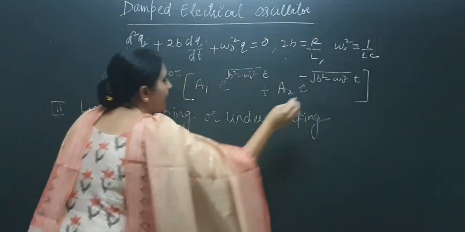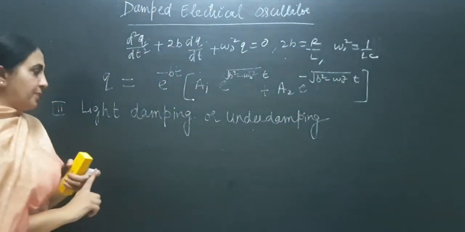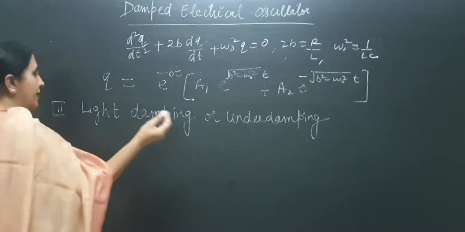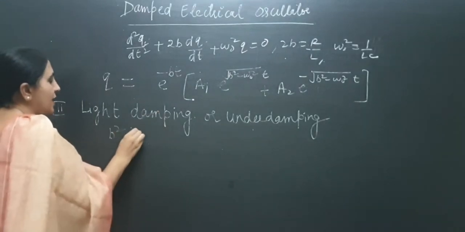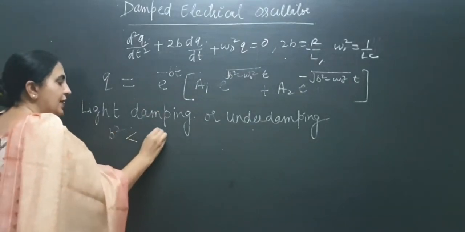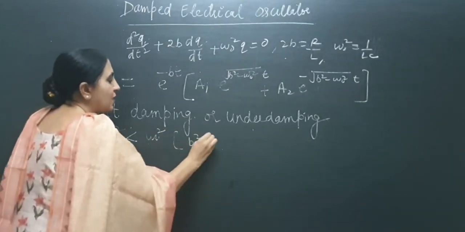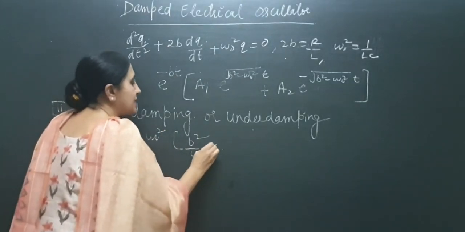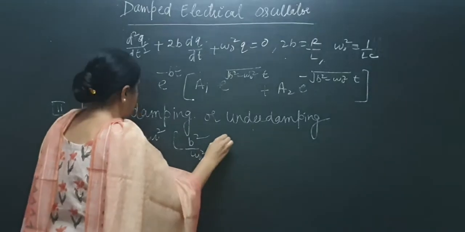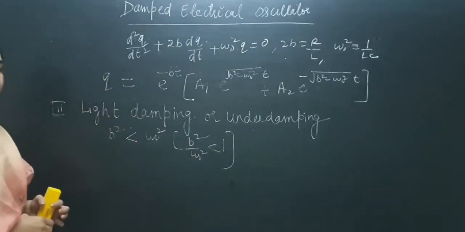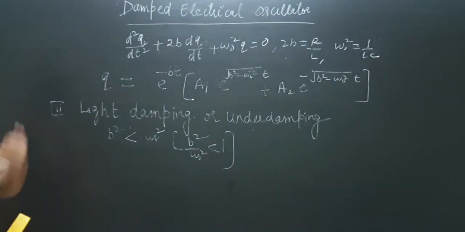In under damping, the damping factor is less than 1. Damping factor less than 1 means b square is less than omega naught square, or you can say b square over omega naught square is less than 1. This is under damping.